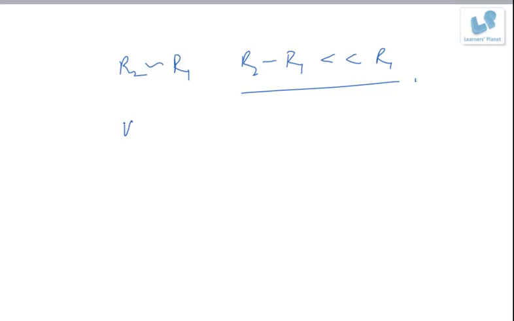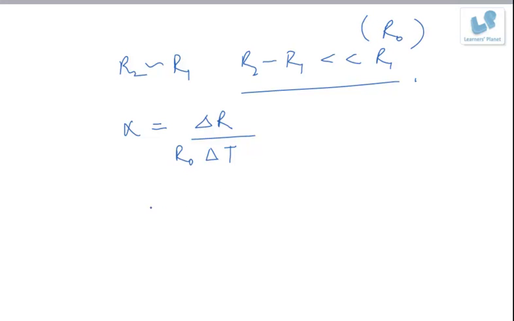Now with these assumptions, that is R2, R1, they are very close by, or R2 minus R1 is much less than R1. Okay, then alpha will be equal to delta R upon delta T and R naught, where R naught is R1 in this case.